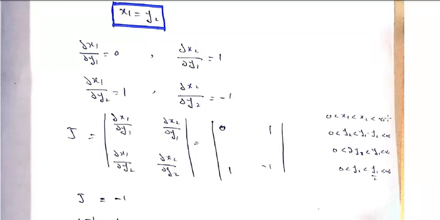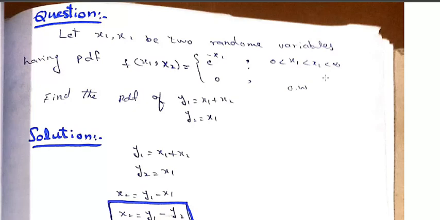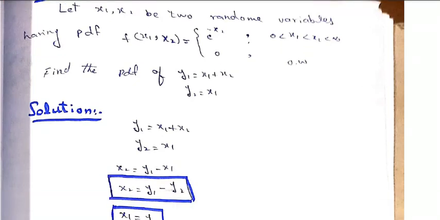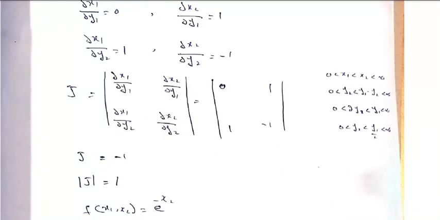Here we see the limit of x1 and x2, 0 to infinity. I put the values of x1 and x2 into the limit: y2 less than y1 minus y2 less than infinity, which gives 2y2 less than y1 less than infinity.